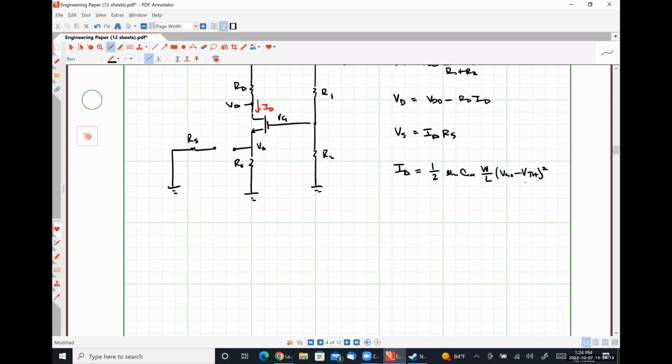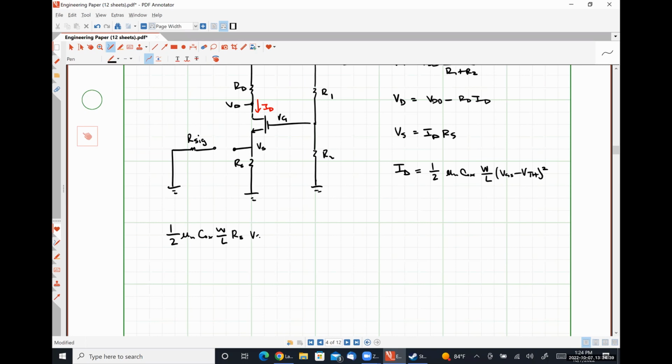Summarizing that system solving process, what we get, and I derived this, I think, fully back in 335, is we'd have 1/2 mu n Cox W over L times R. I have a problem here. Let's call this R sig so that there's not two different RSs that are making my brain hurt.